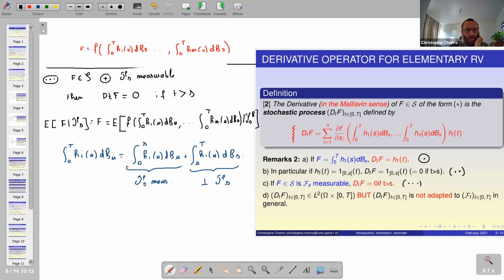And so, if I compute my conditional expectation here, what is it?